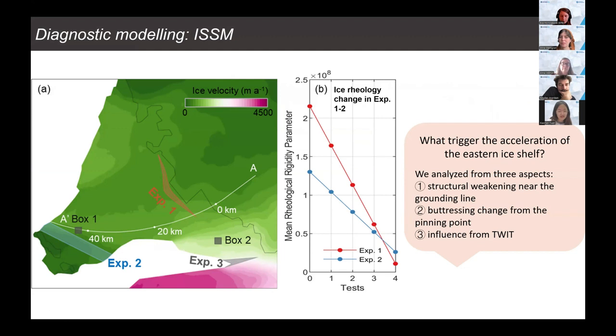Besides this, the ice shelf also still has a connection with the fast-flowing western ice tongue, so it can also be influenced by the ice tongue. So there are three mechanisms that might contribute to the rapid acceleration of the ice shelf.